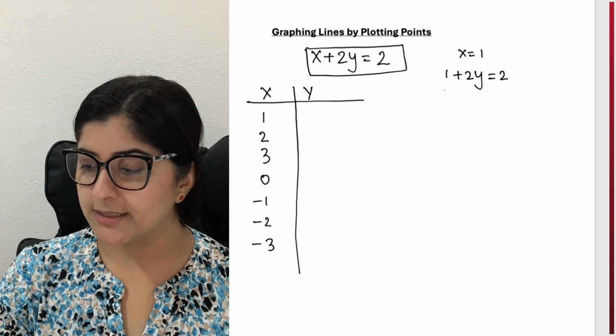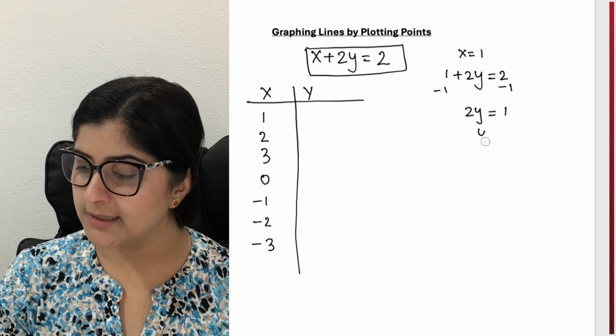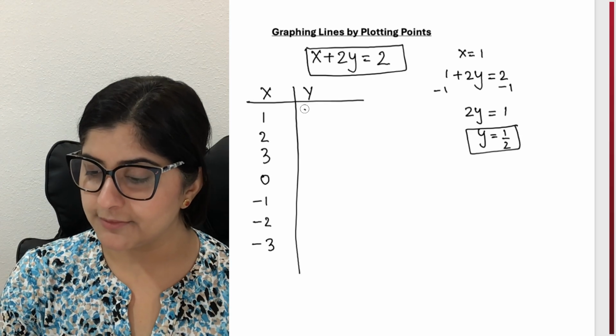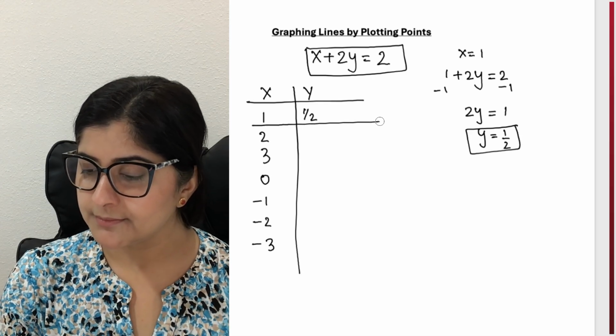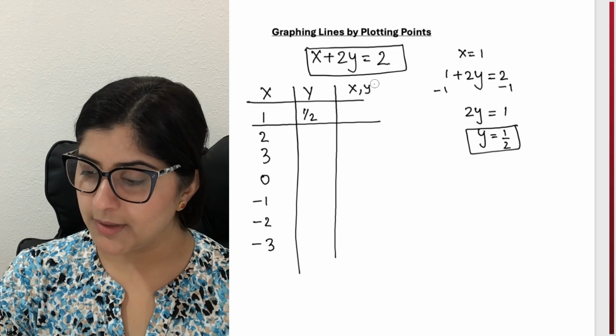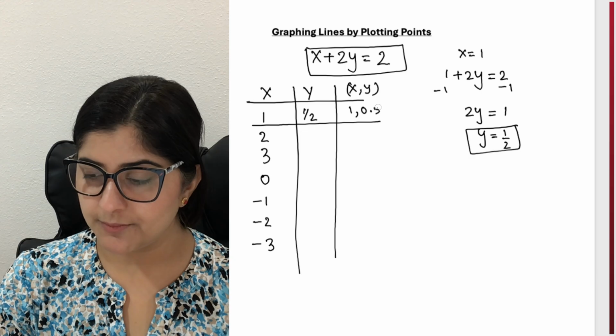So subtract 1 on both sides. We get 2y is equal to 1, and now divide both sides by 2, we get y value half. And we get a point x comma y, that is 1 comma 0.5.